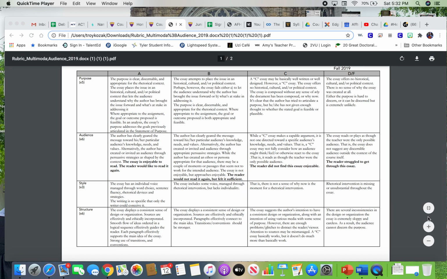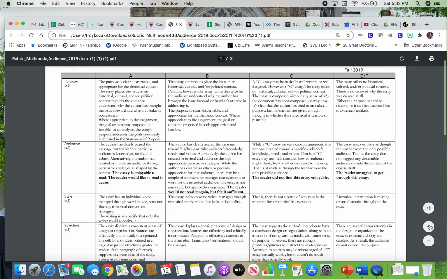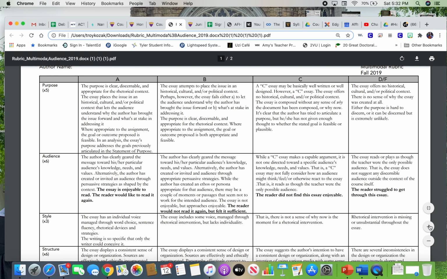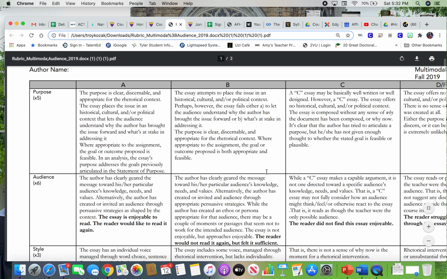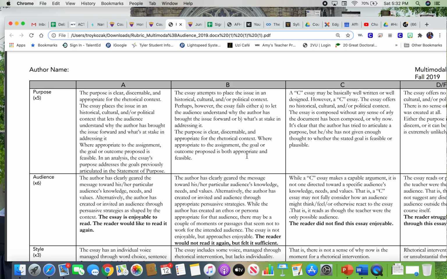Let's go ahead and zoom in a little bit and talk about how these are going to work. So, as we talk about purpose, is it clear? Is it discernible? Is it appropriate for the rhetorical context? So that part of the purpose is, are you stating your intention pretty early on in the essay?